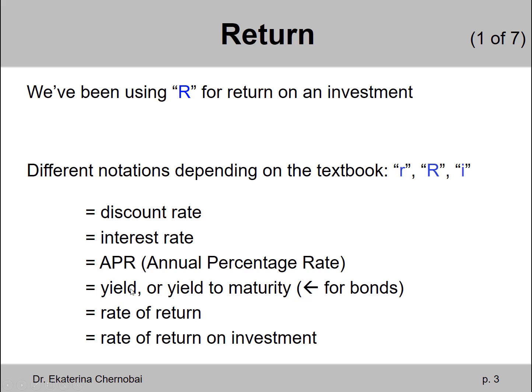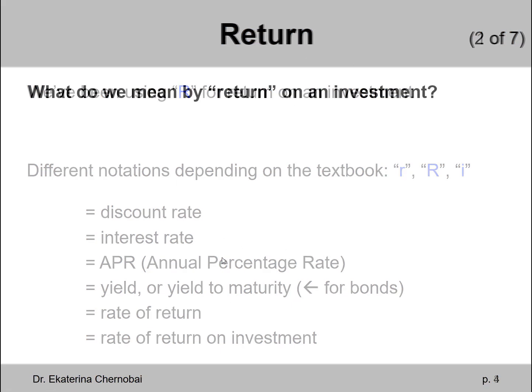Then yield or yield to maturity. This is used for bonds. And we have this term in chapter 7. Rate of return on an investment. So all of these are used kind of interchangeably, and they all indicate the return on some investment.